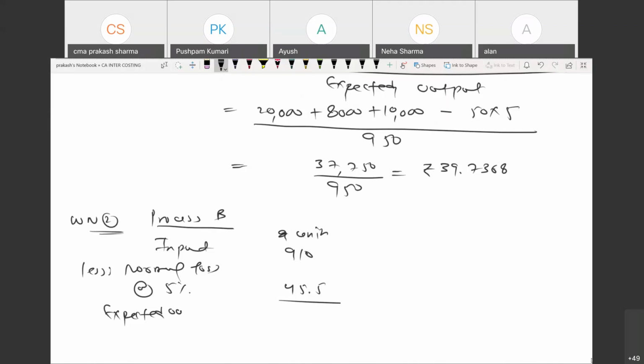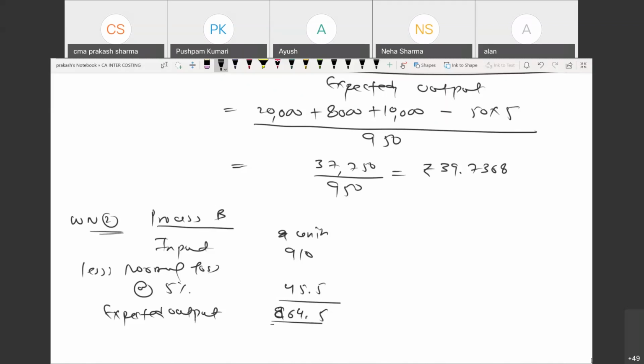What is the expected output here? 910 minus 45.5. What do you get, my dear students? 910 minus 40, it becomes, I guess, 970 minus 5, 965. It is 964.5. Sorry, 864.5. Yes, 864.5.